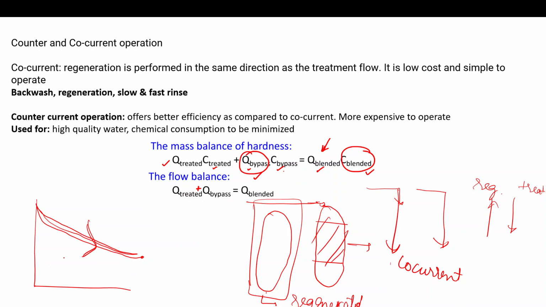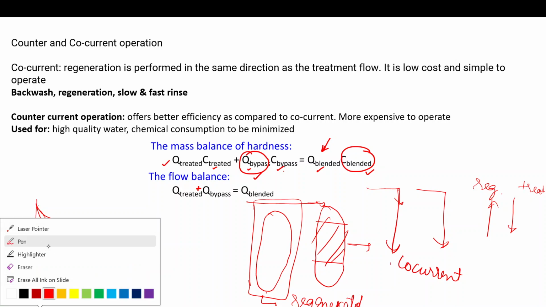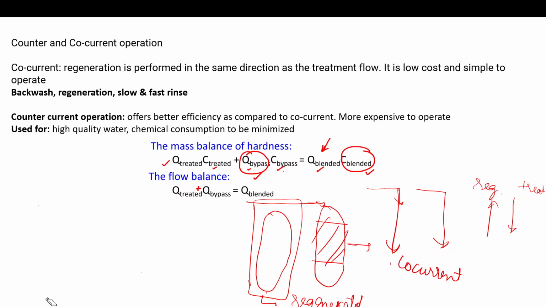For counter current, for your column, this is the concentration profile where it has reached high, it is coming out as high concentrations already.